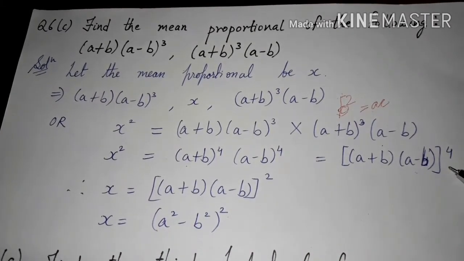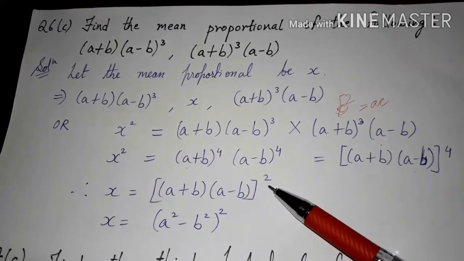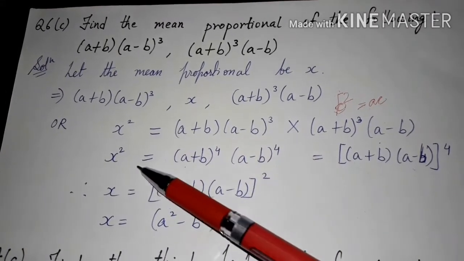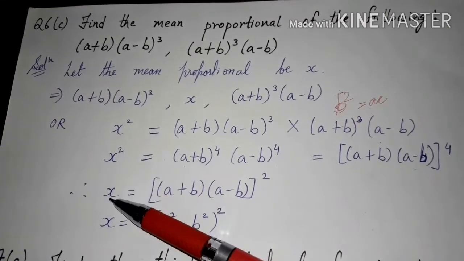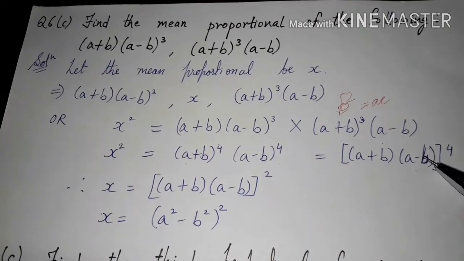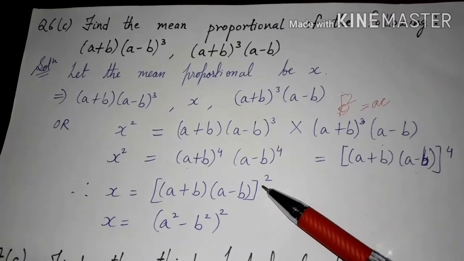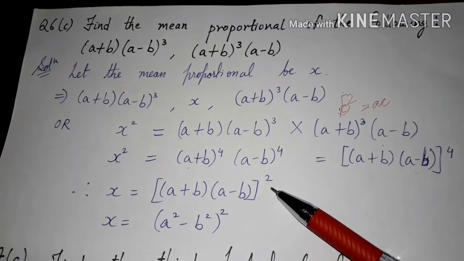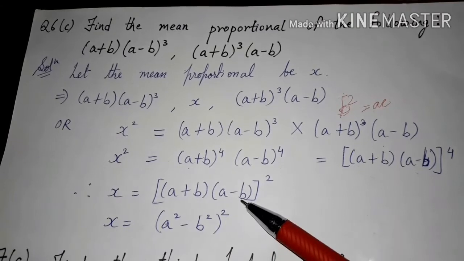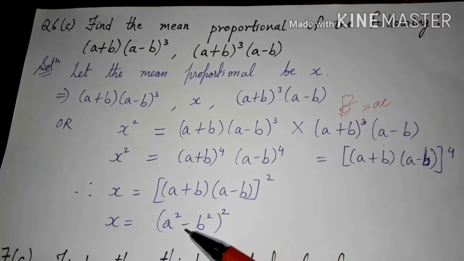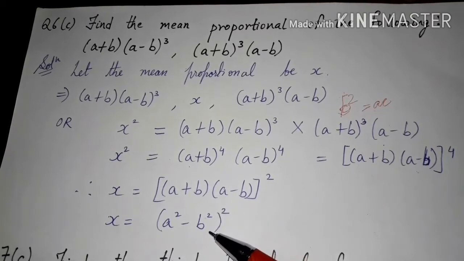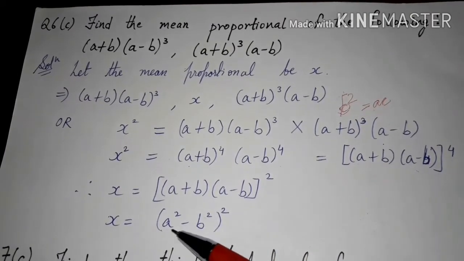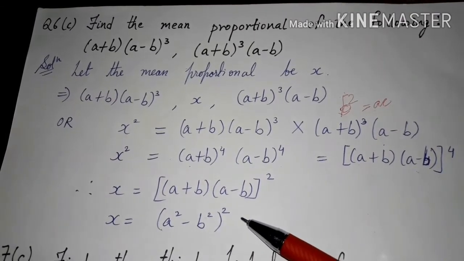Square root of 4th power is 2 power, and square root of 2 power is 1 power. So it will become just x, and this will become a plus b, a minus b whole square. And what is a plus b, a minus b? A plus b, a minus b is equal to a square minus b square. This is the formula. So x is equal to a square minus b square whole square.